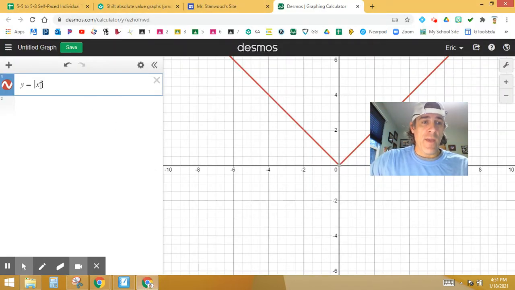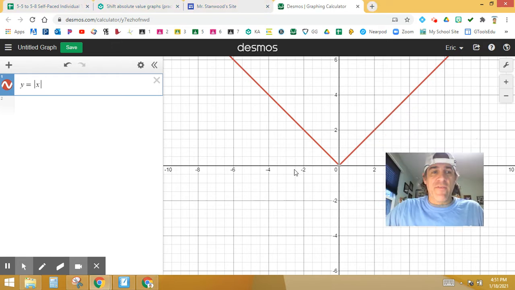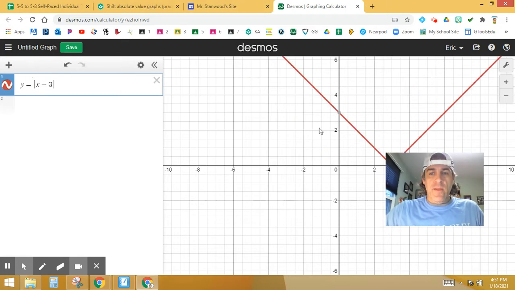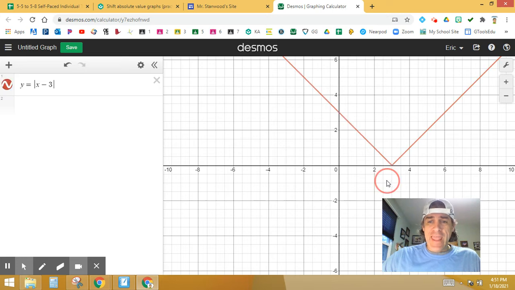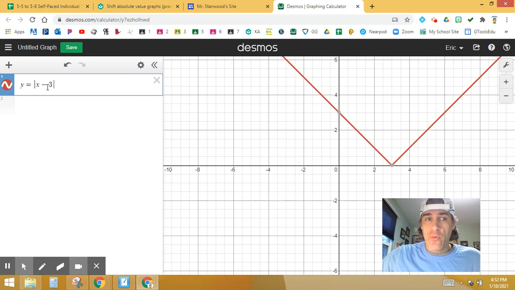Now, if I go back to my graph again and do y equals the absolute value of x, and let's say minus 3. Notice minus 3, it went to the right 3. The reason it did that is because if I plug in this value of x, this value of 3 where the vertex is, 3 minus 3 gives me 0.